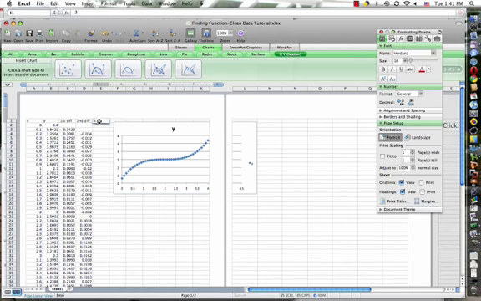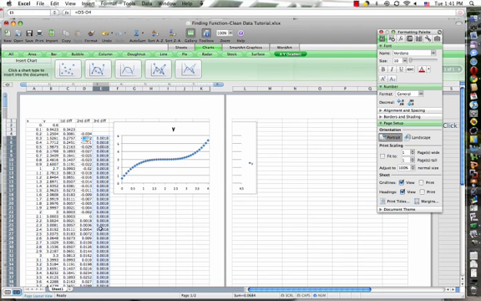Let's see if our third difference can verify what we learned in Unit 1. Equals this one minus that one. And as we hit fill down, it's confirmed to us that this is indeed a cubic.